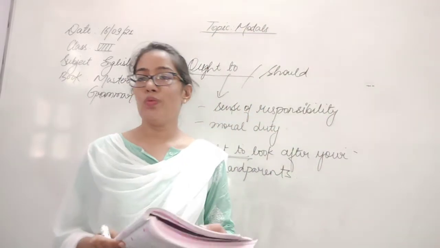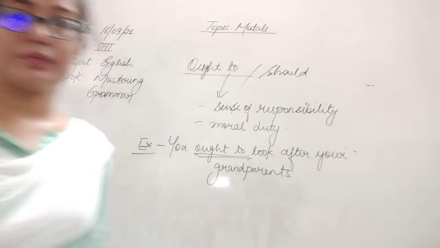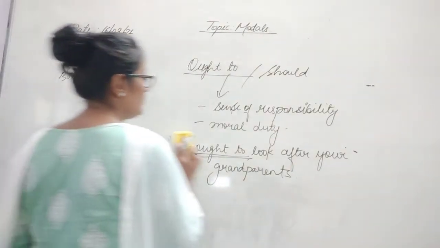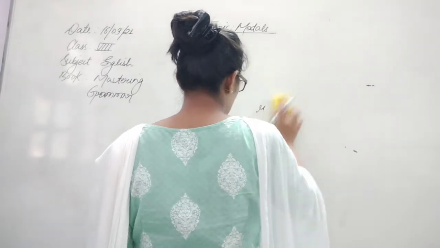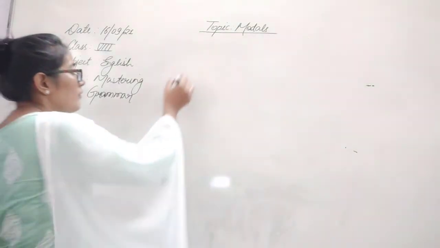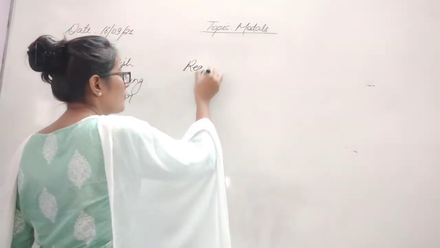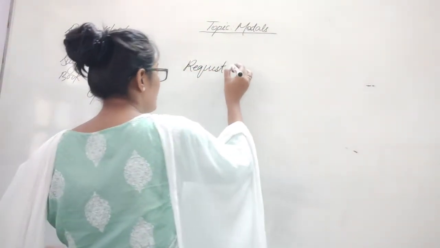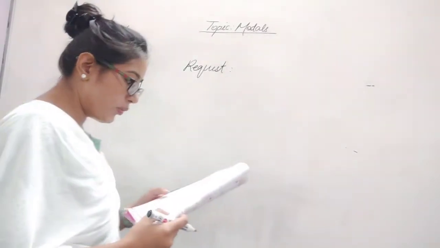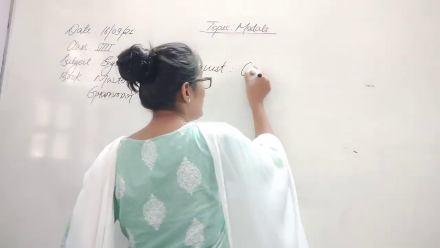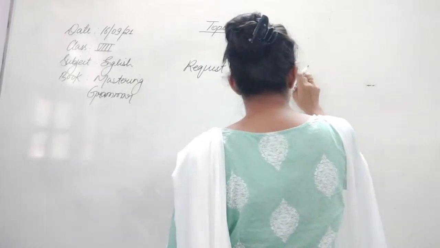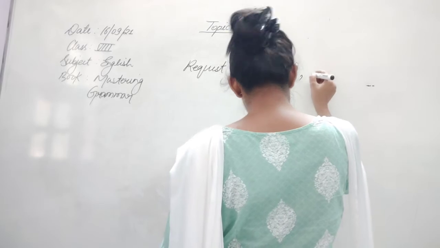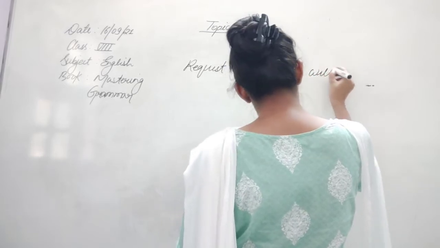Now let's move on to the request. What happens in request? You make it with can, could, or will, would.